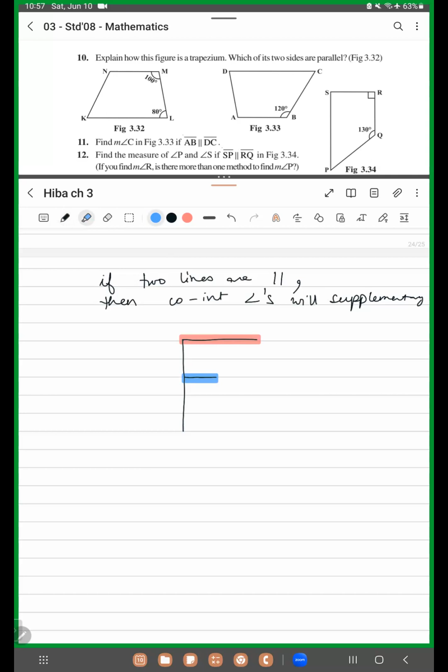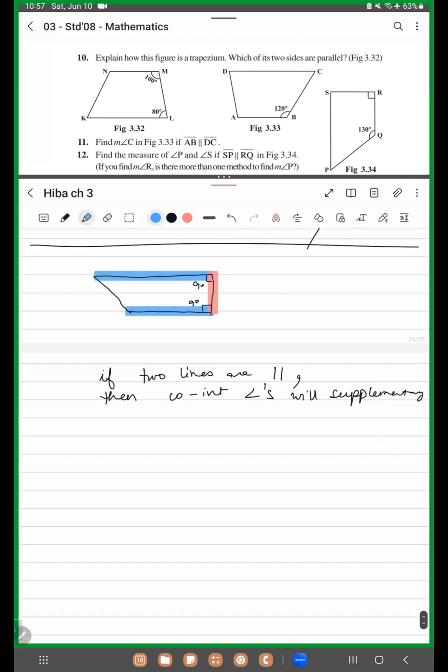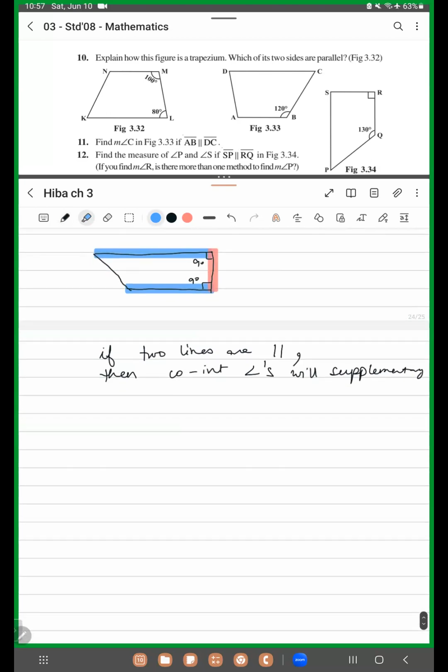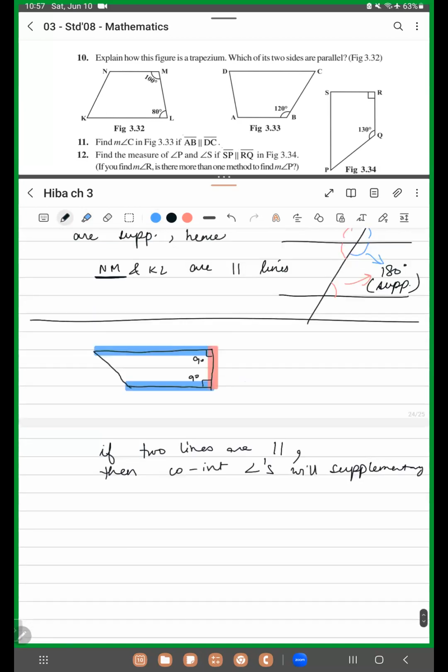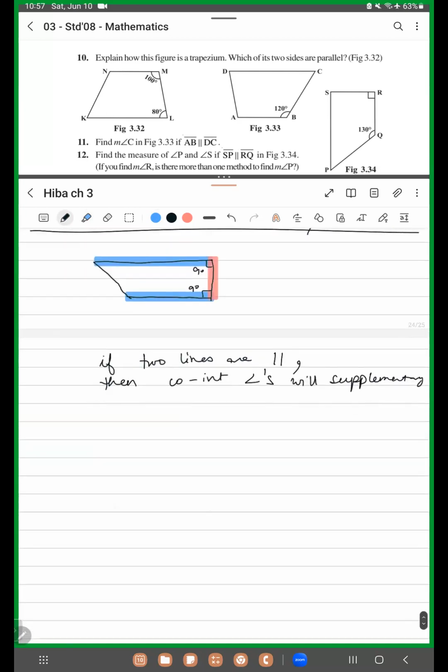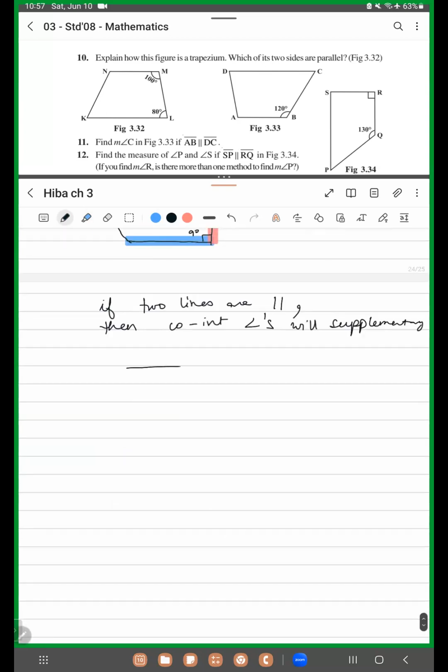Yes. ठीक है, so parallel has got nothing to do with their length. It has got to do with their angle. ठीक है? All right. Good. Now you are saying कि what if, let's take one more example. Let's say you have, I'm telling you this, and I'm giving you parallel or trapezium.